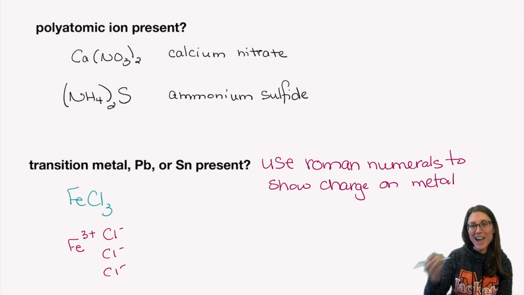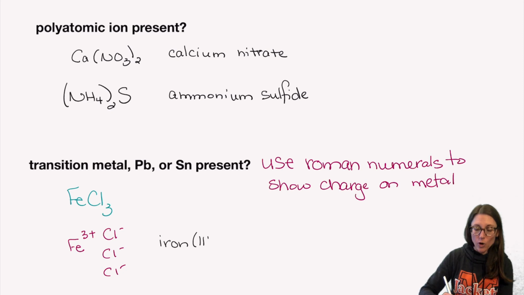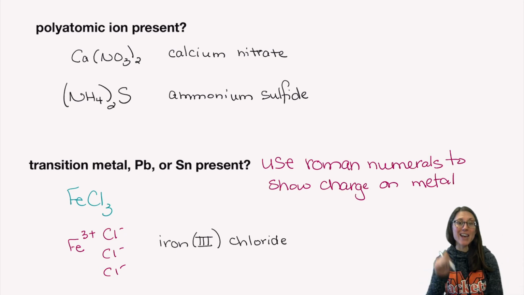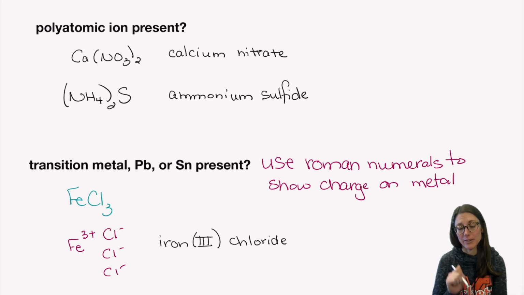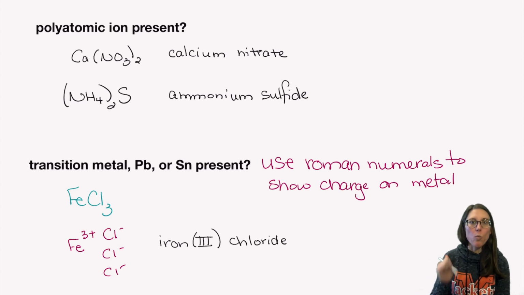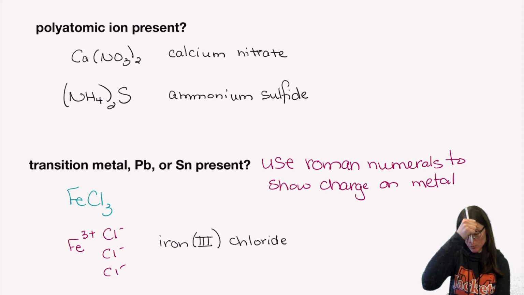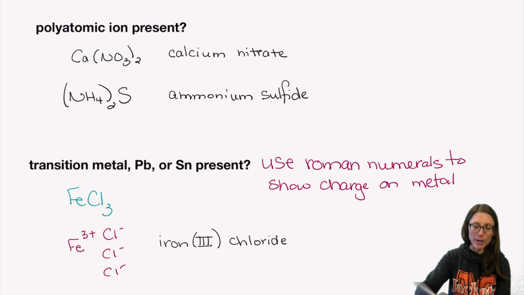So when I go to tell someone what my name for this compound is, this is going to be iron, Roman numeral 3, chloride. So all I've done is include the charge as a Roman numeral after the metal name.